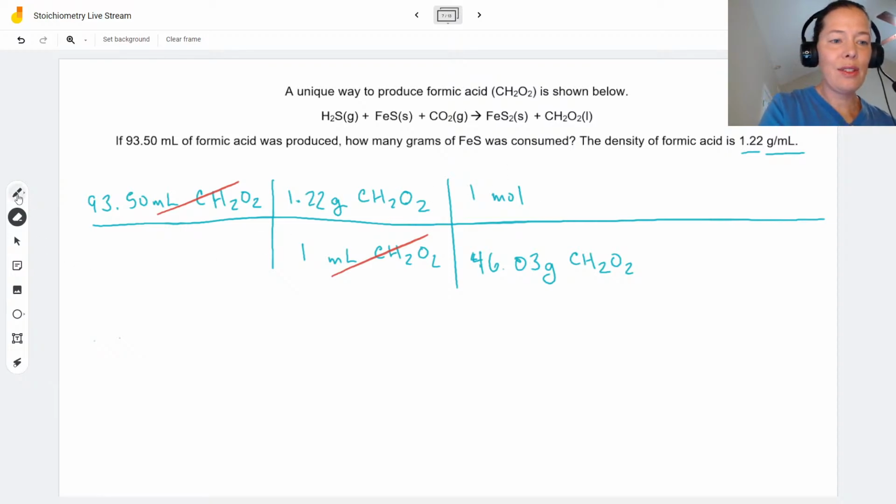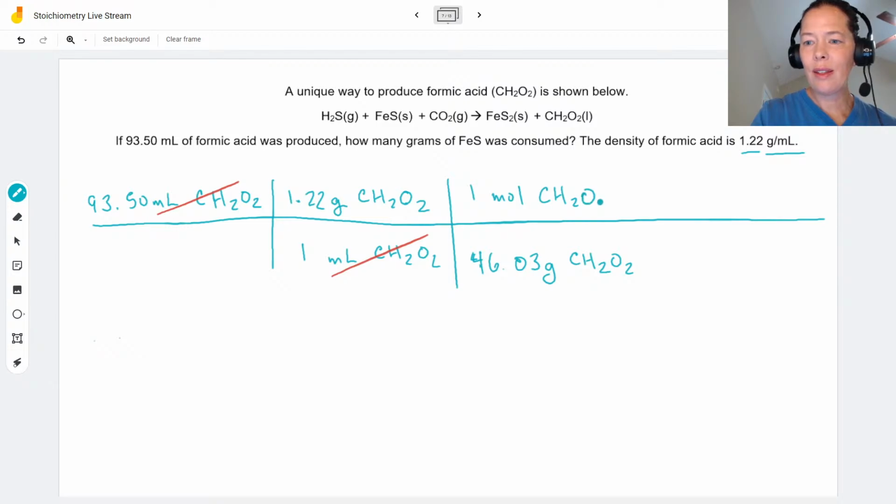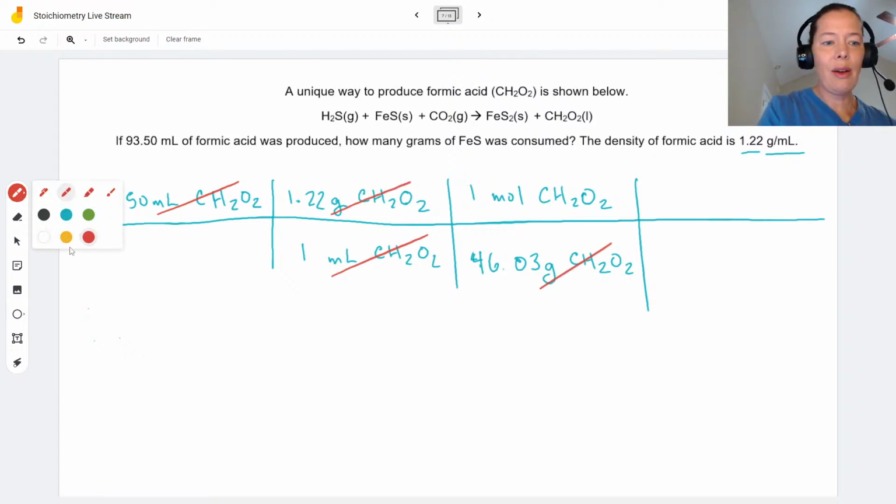My pen is just not cooperating anymore, is it? There we go. So let's cancel out my grams of formic acid. Now I have moles of formic acid.